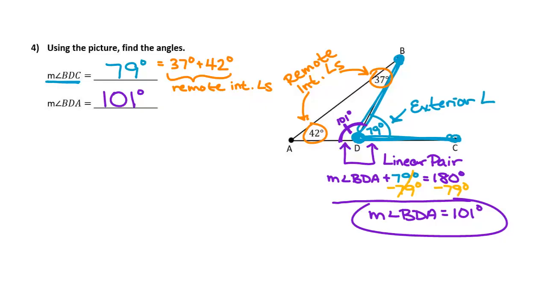So you can add these 2 together and subtract it from 180. That's exactly what we did when we used our linear pair, though, because my exterior angle is these 2 added together. And then I subtracted it from 180 to get that inside angle. All right. What else would you guys like to see?